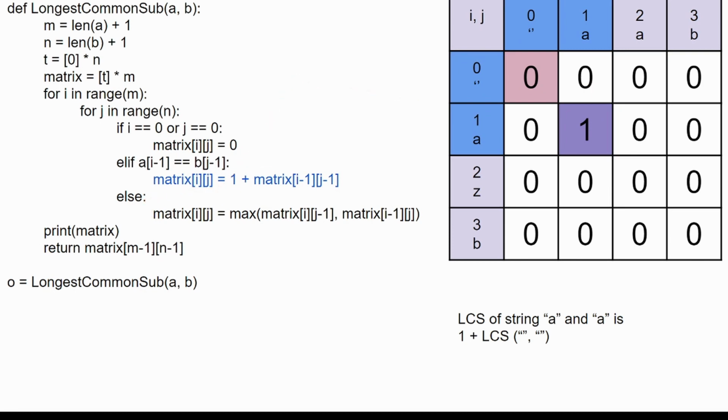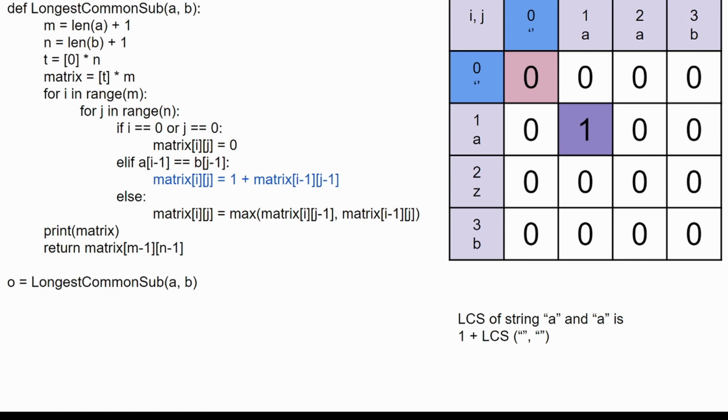Now we're at A and A, and since A and A are the same, as shown in the code right here, you look at this value and add 1 to it. So you're trying to find the longest common subsequence of empty string and empty string, which is already computed as 0.